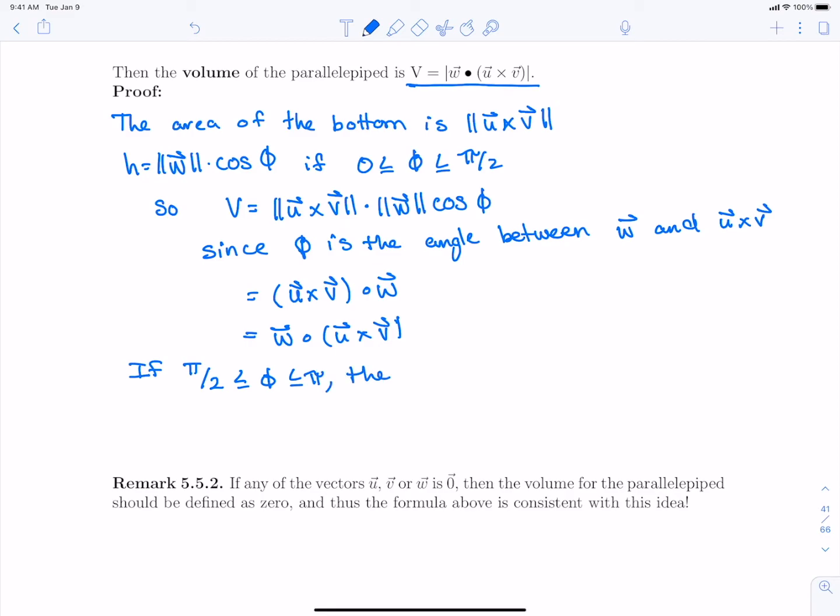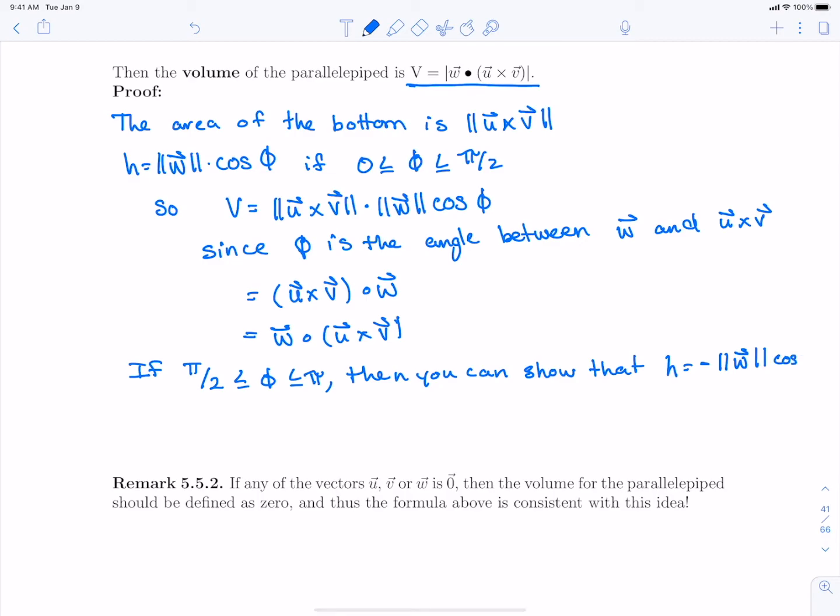Now, we can say, though, that if my angle is, in fact, obtuse, then you can show that the height would equal the negative. So we would have an obtuse angle, so it's larger and it would come around the other way.